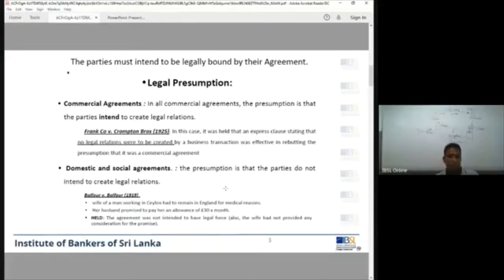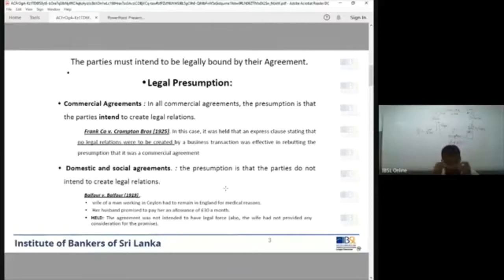So that is number two. Now, with regard to domestic and social agreements, I have given a case here, Balfour versus Balfour. This was decided in 1990. Balfour versus Balfour, very important case. When I say it's very important, it's very important.